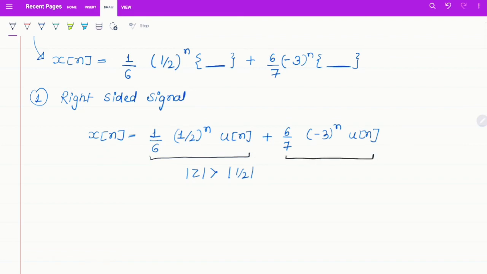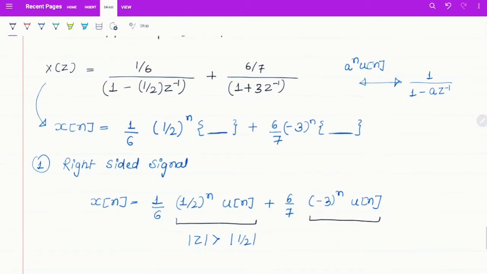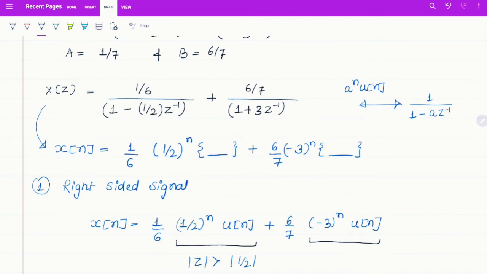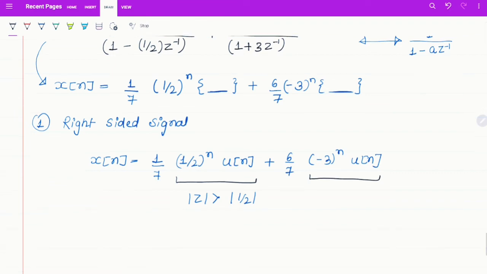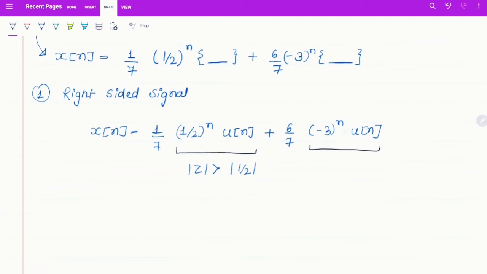Actually the first coefficient is 1 by 7, sorry for this mistake. And for minus 3 to the power n u of n, mod of z should be greater than mod of minus 3.